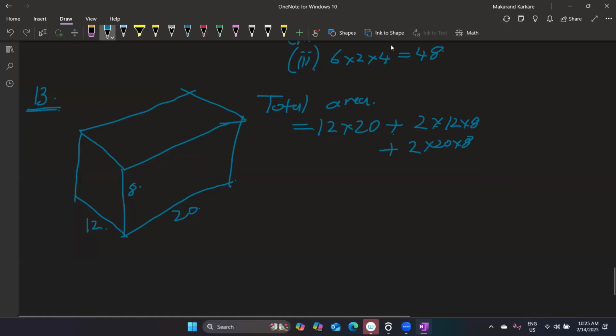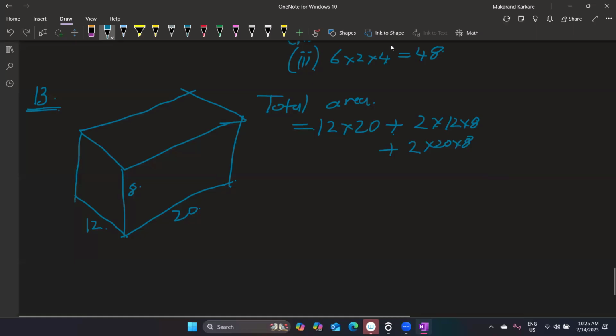So total area upon the width of the sheet. Total area upon the width of the sheet will give you the length of the sheet. Absolutely correct. And notice that we don't need the top. It is open at the top.